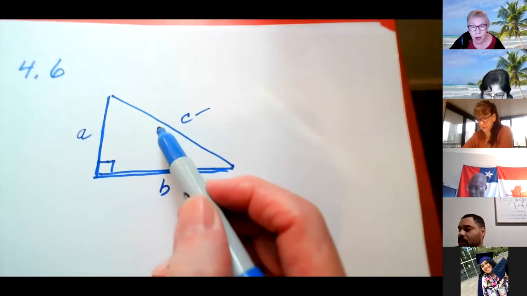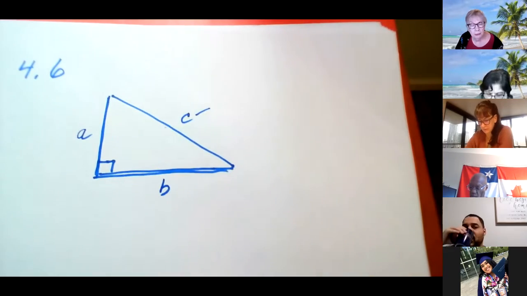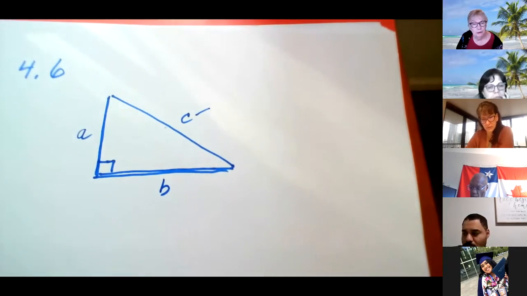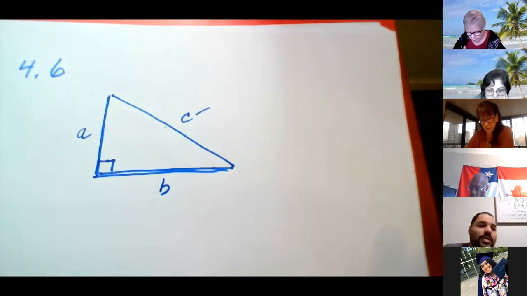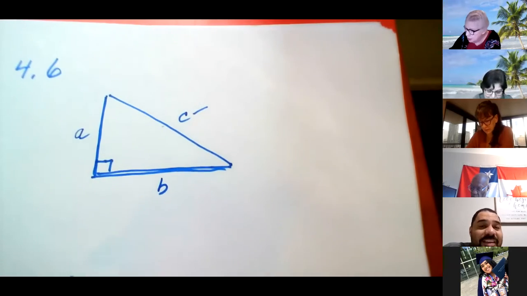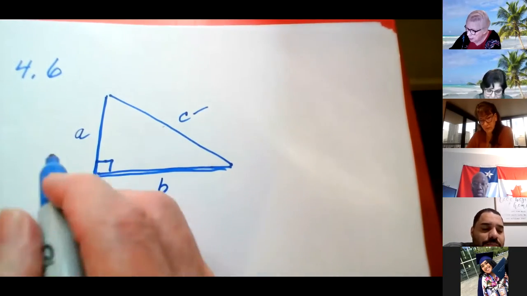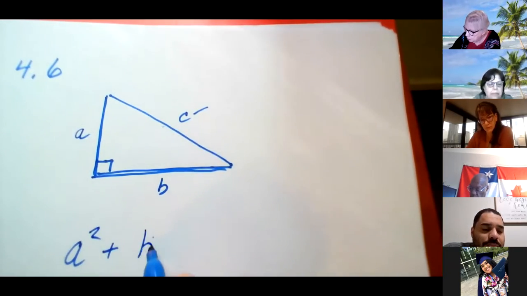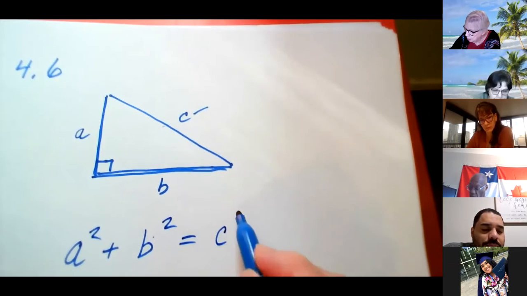It's the side across from that. So there's a little formula that somebody figured out. The person's name was Pythagoras, Greek. And so the little formula goes A squared and B squared equals C squared.